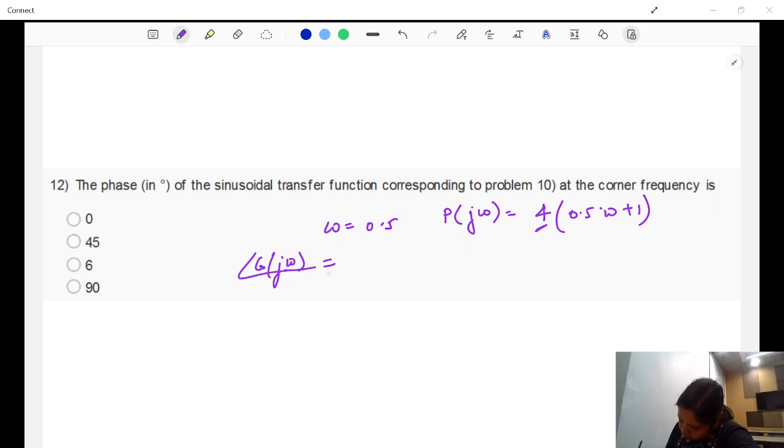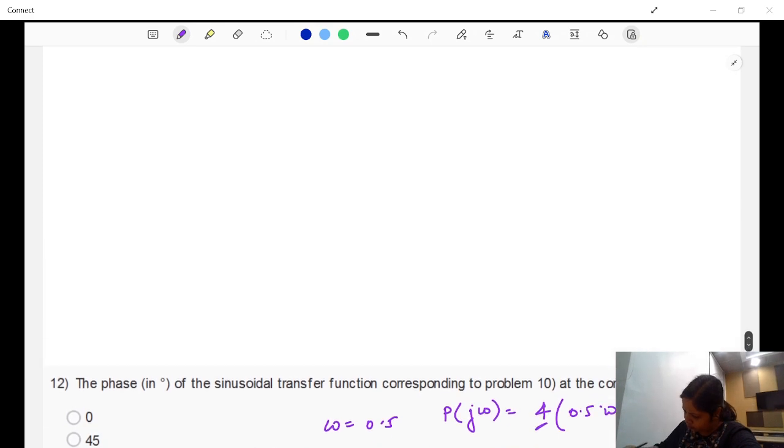So what you'll have, 0 plus tan inverse of 0.5 omega upon 1. And we want to do everything for, just a second, what was the corner frequency? Have I written it correctly?